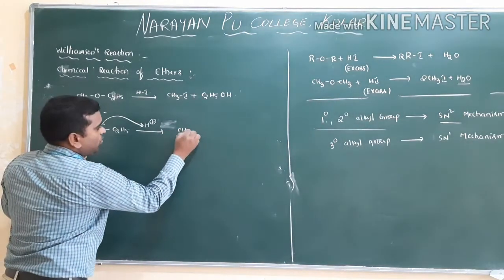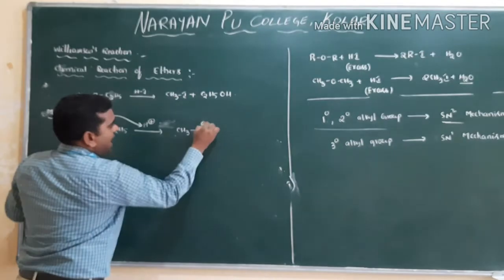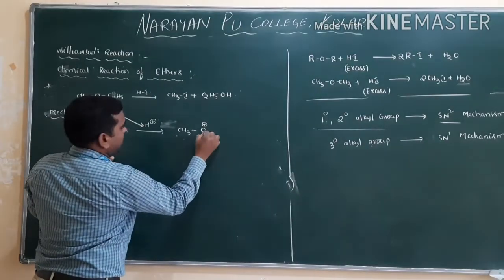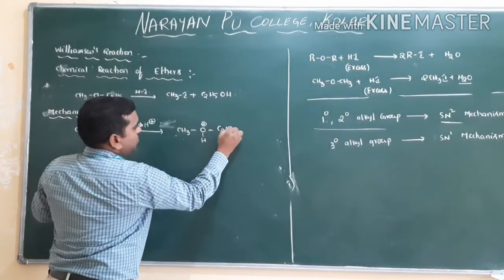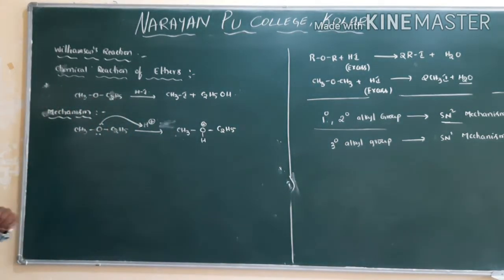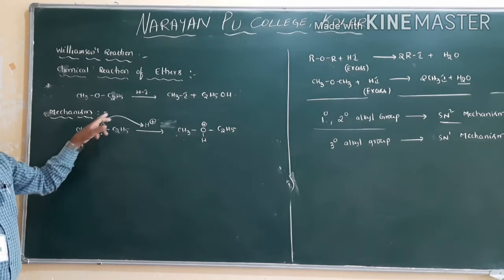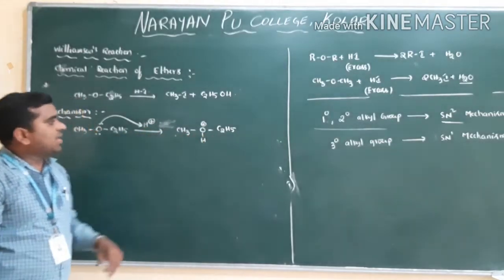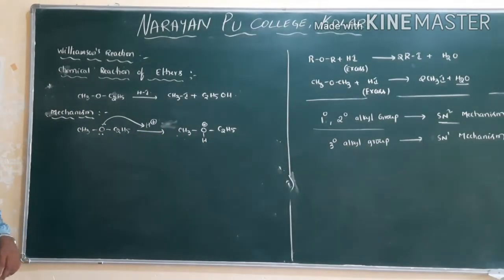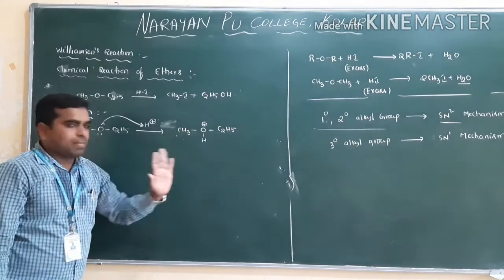Then the compound you will get is CH3 O plus H C2H5. So the proton is added, meaning oxygen donates a pair of electrons, and you get the oxonium ion.